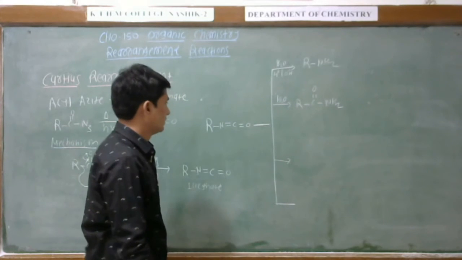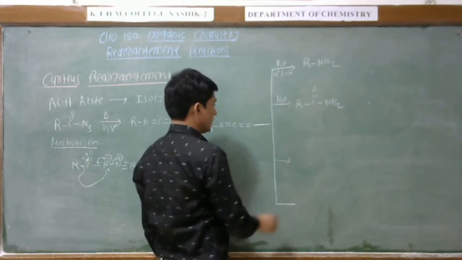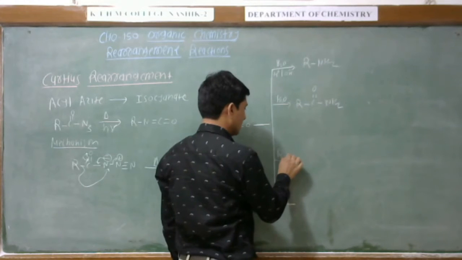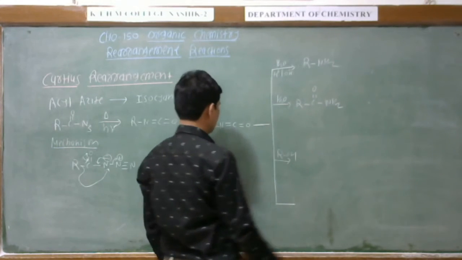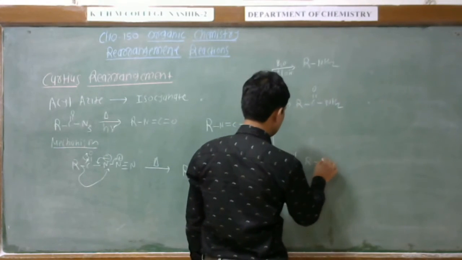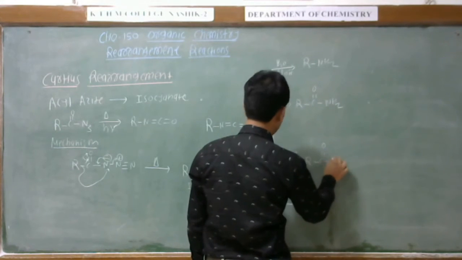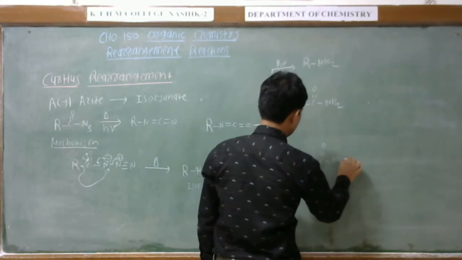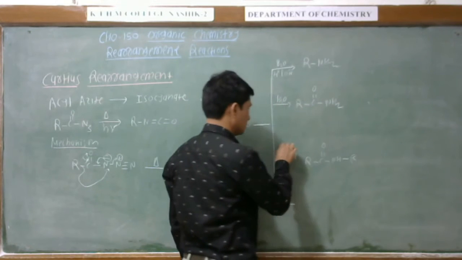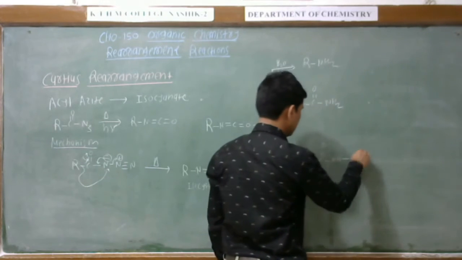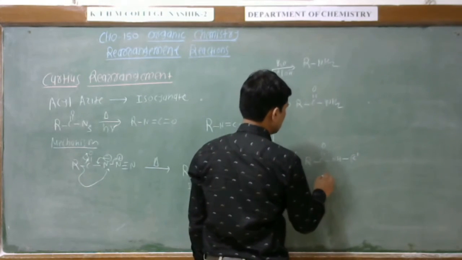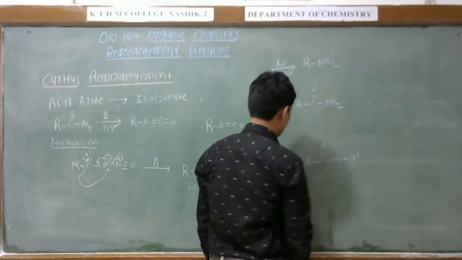When this isocyanate reacts with alcohol, that is R'OH, then there is the formation of RC double bond O, NH, and this is R'. So this is the substituted amide.